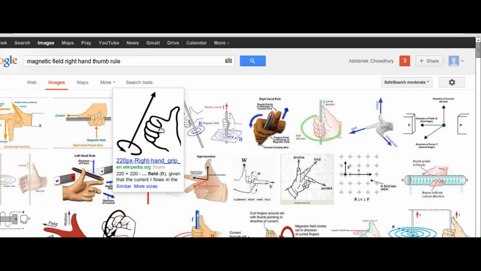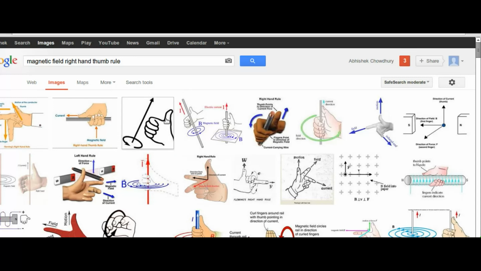Here is another example, another figure from a simple Google image search. This is the direction of the current. My thumb is pointing towards the direction of current, and my fingers are curling in an anti-clockwise direction.